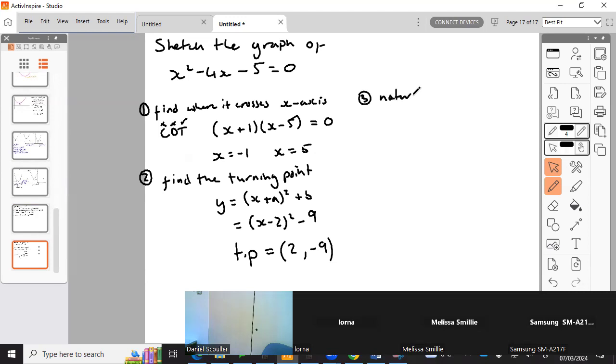Now the nature. Okay, that just means is it a minimum or maximum? All right, a minimum turning point will be a happy face, a maximum an unhappy face. A happy face is a positive x squared term.